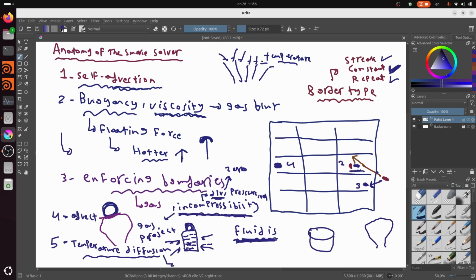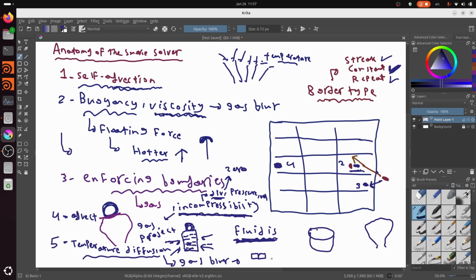And you can do this also with the gas blur, and we said that this minimizes the difference of the temperature at each voxel. So the neighboring voxels are going to have similar temperature, and it will reduce the temperature by time. So this simulates the effect of losing the temperature by time, and this will cause your smoke to simulate the real life effect.